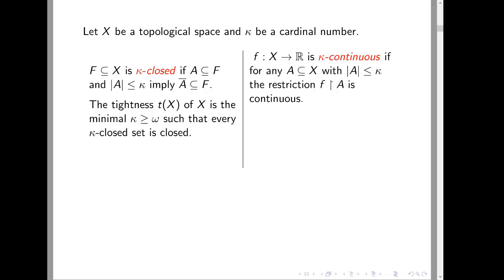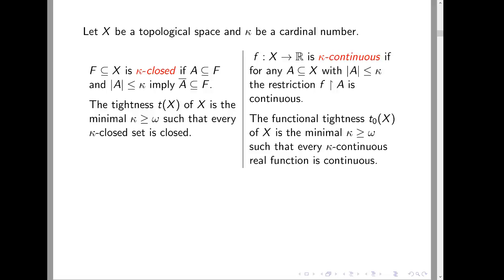So continuity can be tested on small sets, of size at most kappa. So the functional tightness is the minimal infinite cardinal number kappa such that every kappa-continuous function is continuous. Continuity is tested on small sets. So this is a pretty natural modification of the tightness.